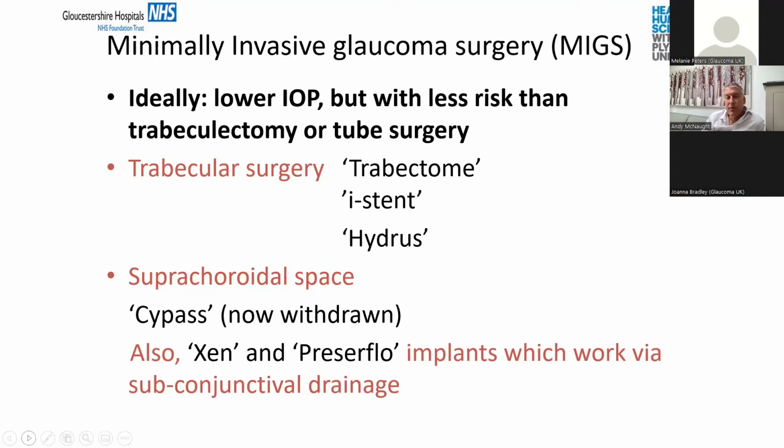There's ways of operating, if you like, on the inside of the trabecular meshwork to try and improve the drainage through that filter. And there's been some other devices that you put into a part of the eye called the suprachoroidal space, which I'll talk about. And there's also some other devices, one's called Zen and one's called Preservative. They're implants that work very like a trabeculectomy, basically putting a tube in that drains fluid underneath the conjunctiva like a trabeculectomy does, and you can end up with lower pressures that way.